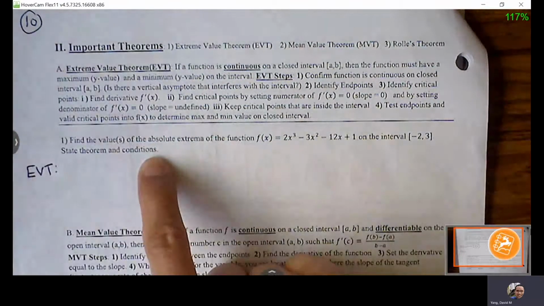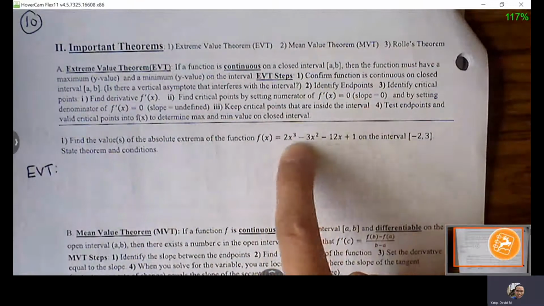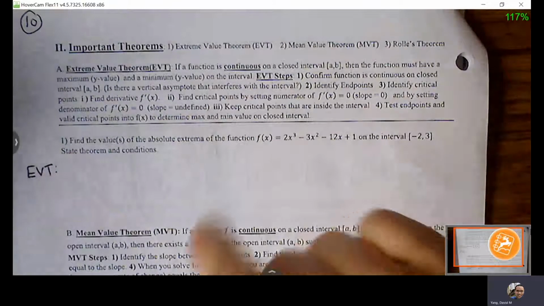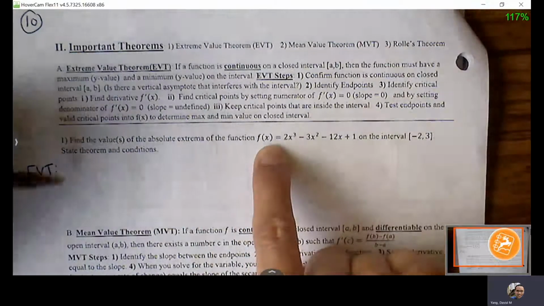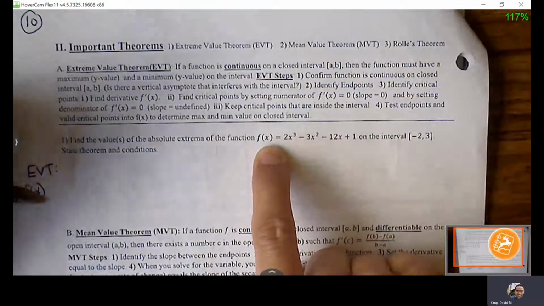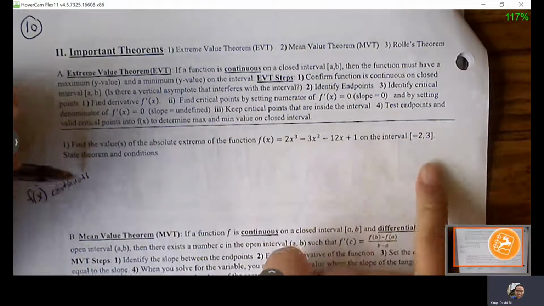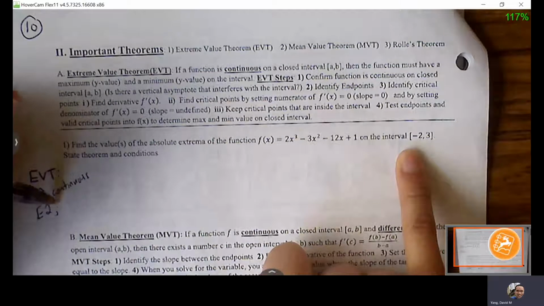The only condition we need to worry about is continuity. This is a polynomial. Polynomial has no issues with continuity or differentiability, but we really only care about continuity. So we just have to say our function is continuous on the closed interval from -2 to 3, brackets.